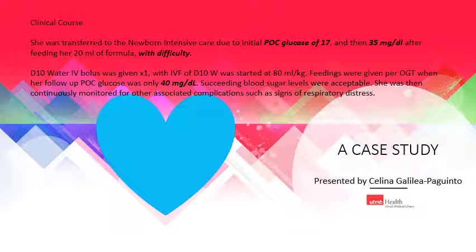An IVF of D10 water was started at 80 ml per kilo per day. She was also started on feedings per gastric tube because her follow-up glucose was only 40. Good thing the succeeding blood sugar levels were acceptable, but she was continuously monitored for other complications associated with the disease.